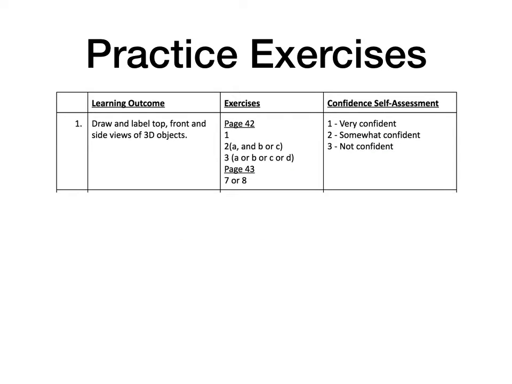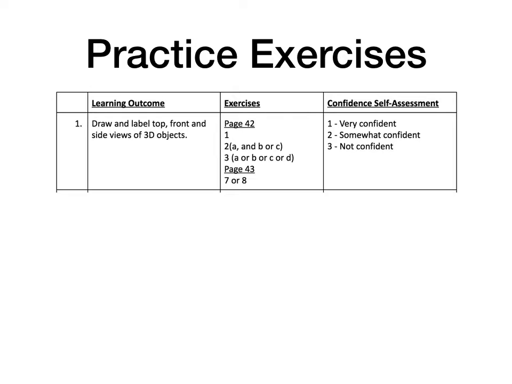So before we move on to building and sketching 3D models, I'd like you to complete the practice exercises associated with this learning outcome, where you have to draw and label the top, front and side views of the 3D objects. So these practice exercises can be found on page 42 and 43 of the textbook.